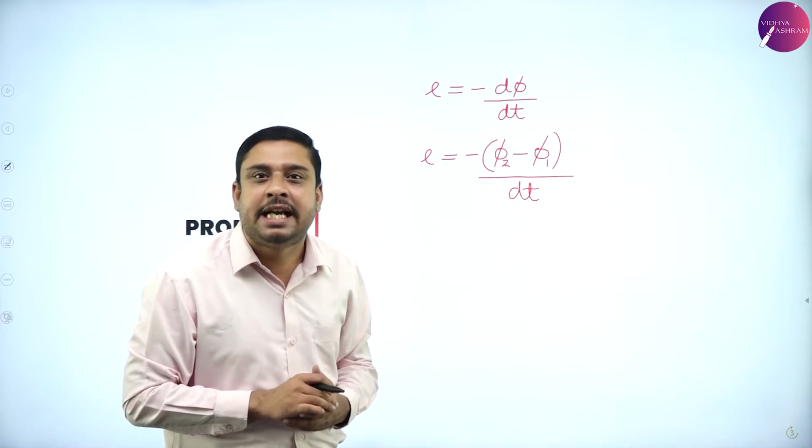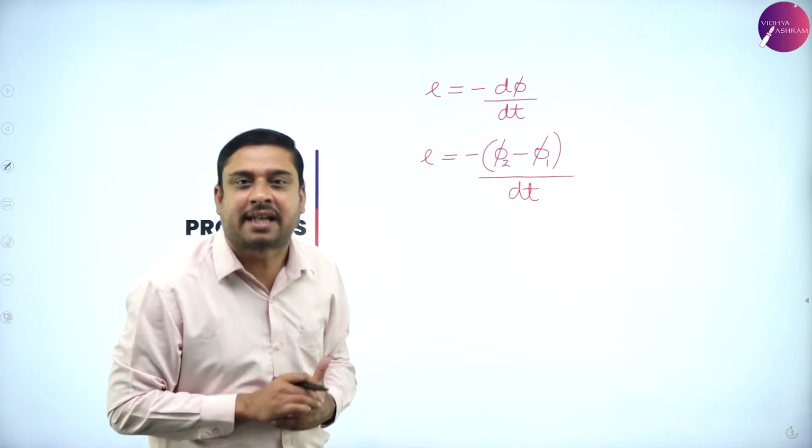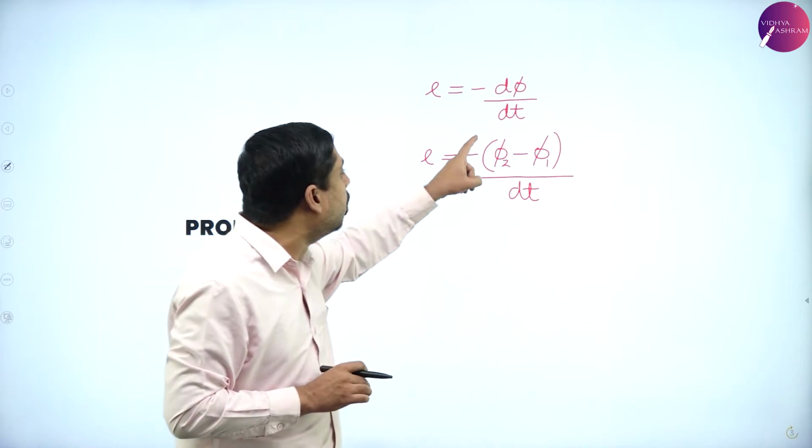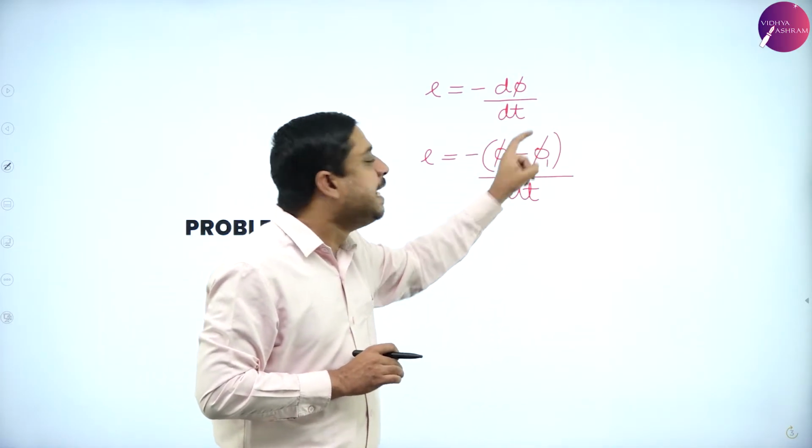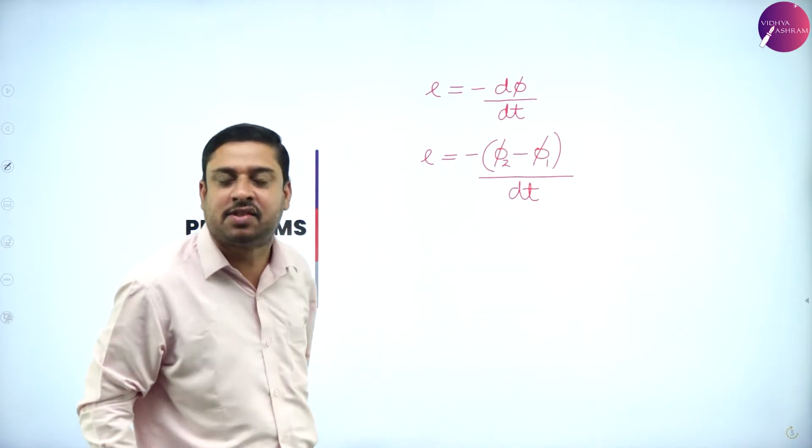So how will the change in magnetic flux be written? Final magnetic flux minus initial magnetic flux.